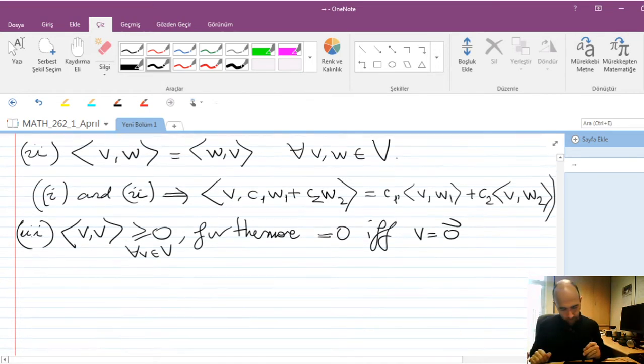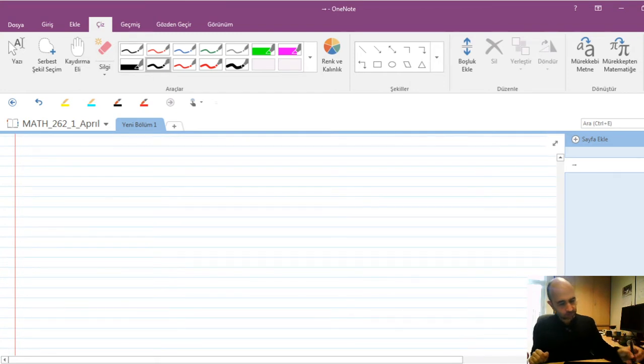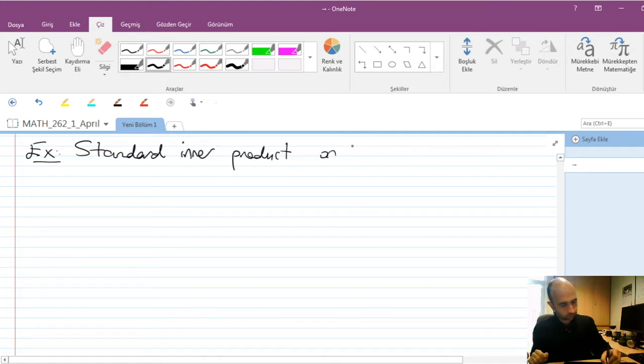Now, the standard example, it's called the standard inner product on V equals Rn, is the direct extension of the dot product in 3 dimensions.